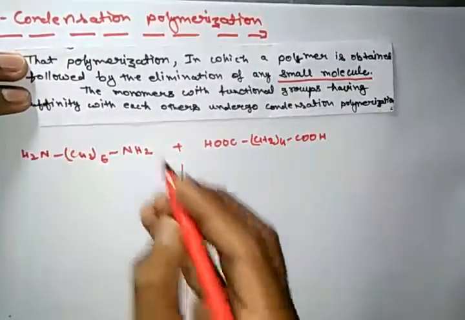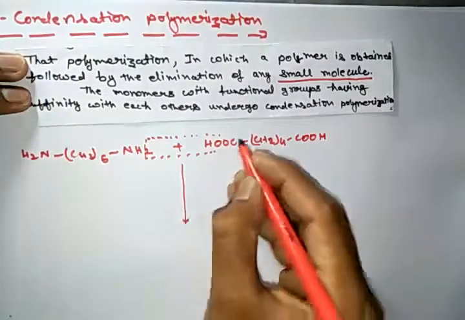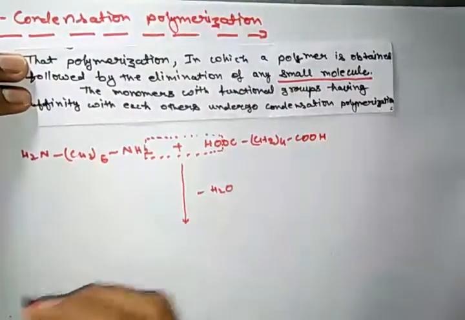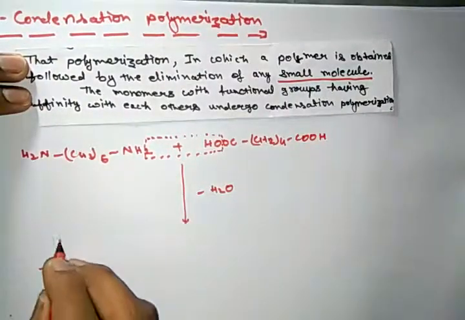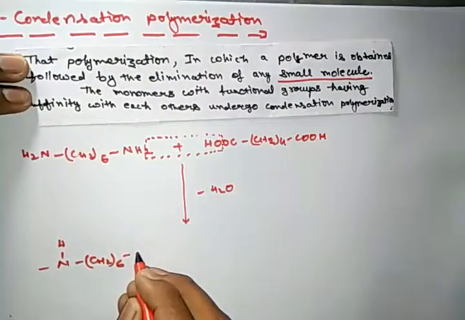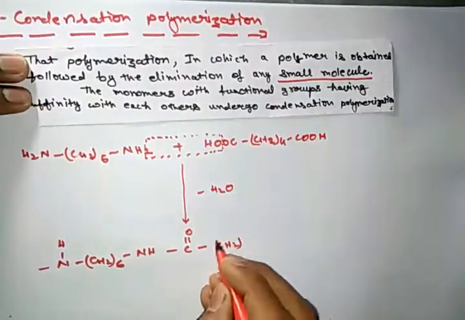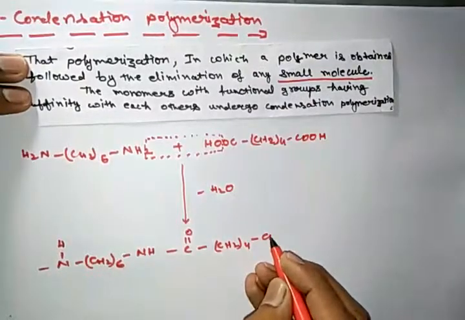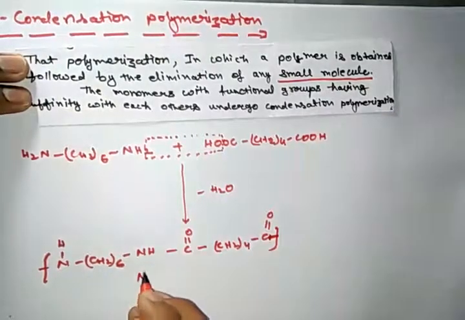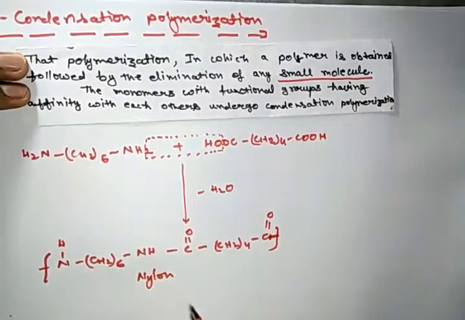When it reacts with adipic acid, one H from the amine and OH from adipic acid are removed, and the product is obtained, and it is the well-known nylon that is used in the cloth industry.